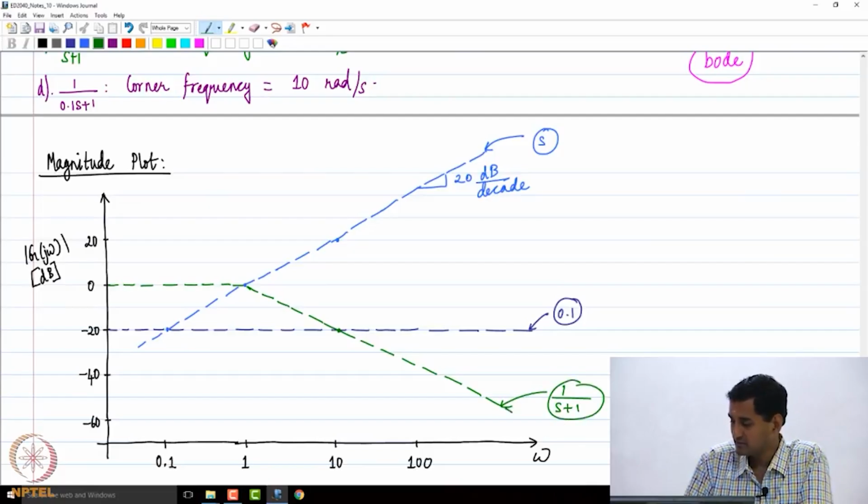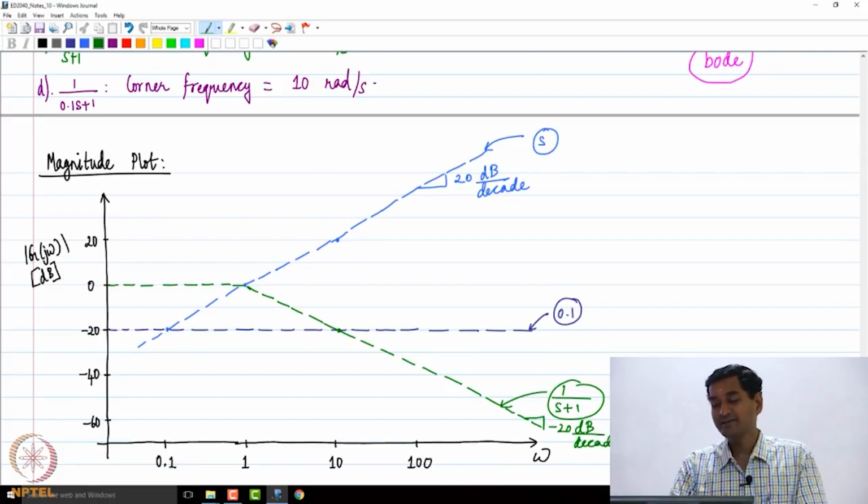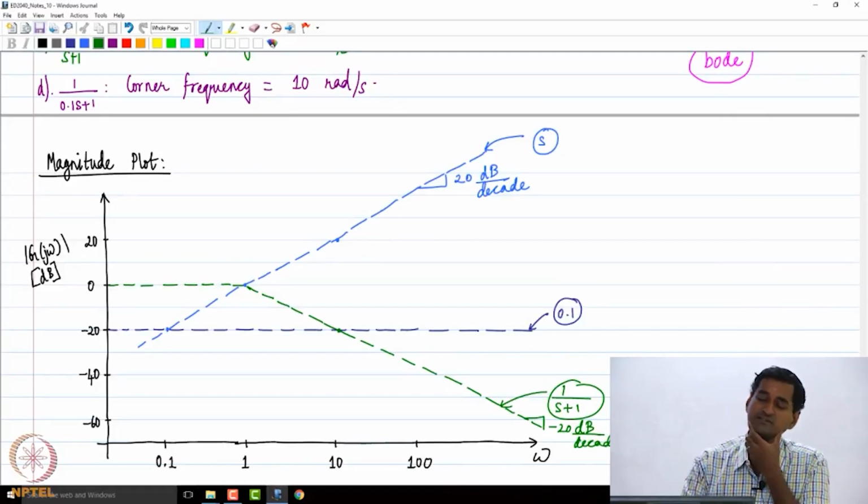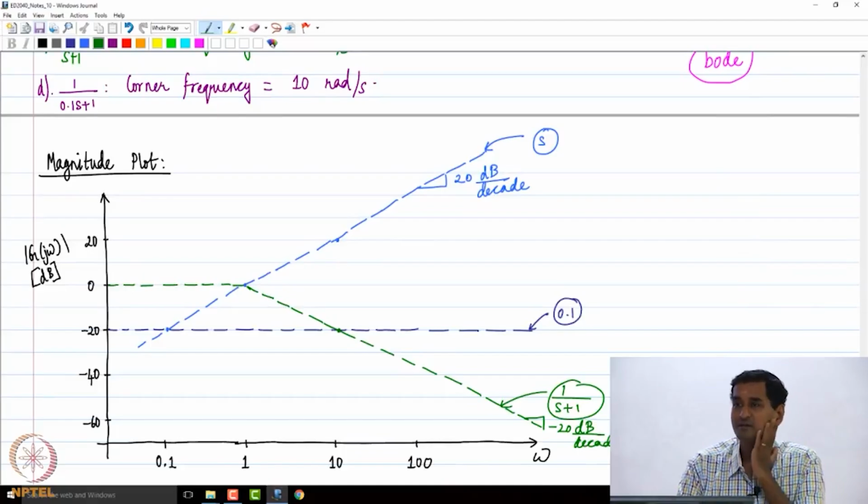Of course, when you draw, you need to mark all the factors and also the slopes and other critical points, like what I am doing here. So I am also indicating the slope as minus 20 decibels per decade. So this is the third factor, 1 by S plus 1. Now we need to look at the fourth factor, which is 1 divided by 0.1 times S plus 1. So we know that the corner frequency is going to be 10.